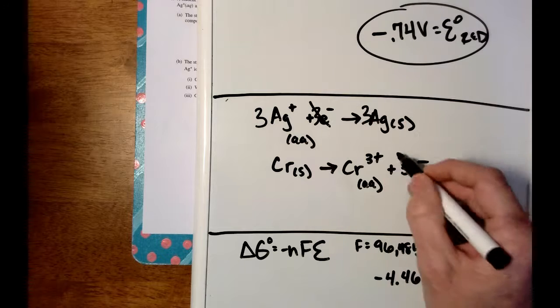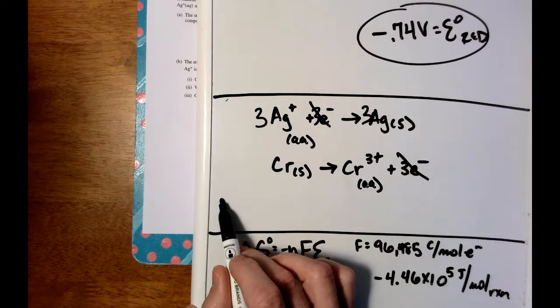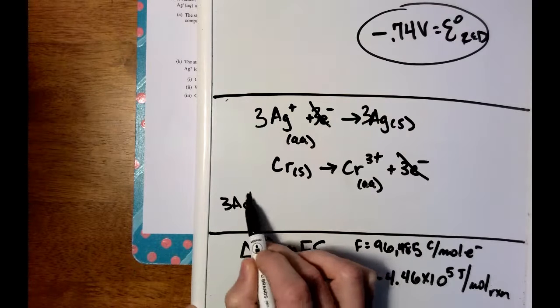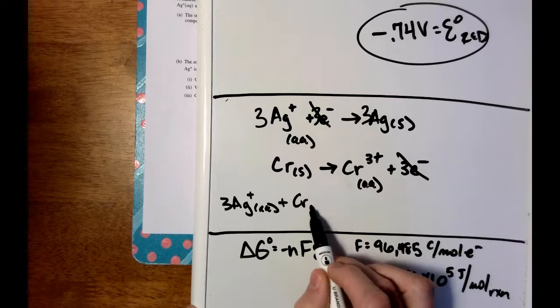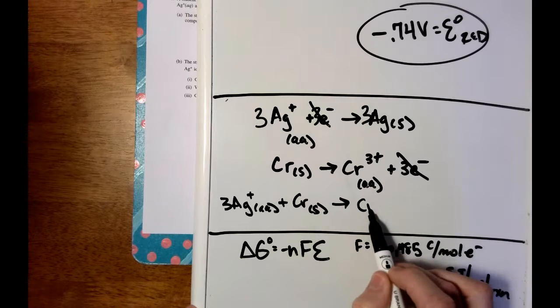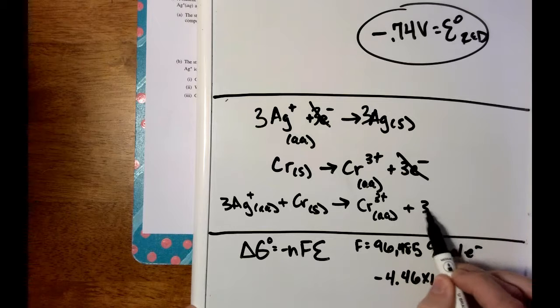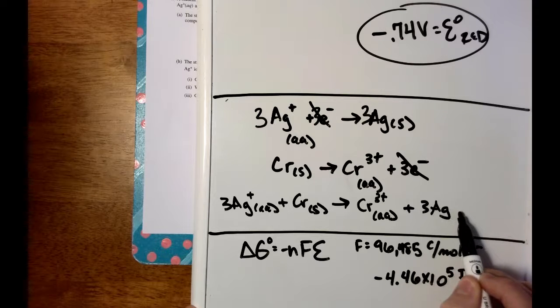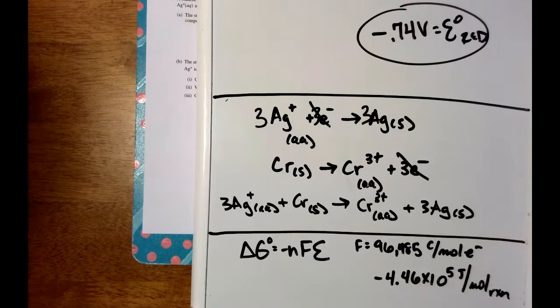That way our 3 electrons are canceled. So 3 silver ions plus 1 chromium solid yield 1 chromium 3 plus ion and 3 neutral silver solid atoms is our balanced equation, and that is worth 1 point.